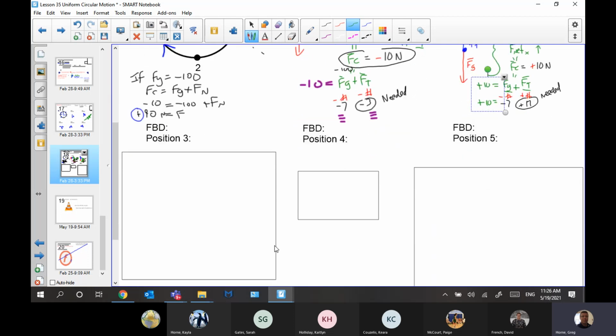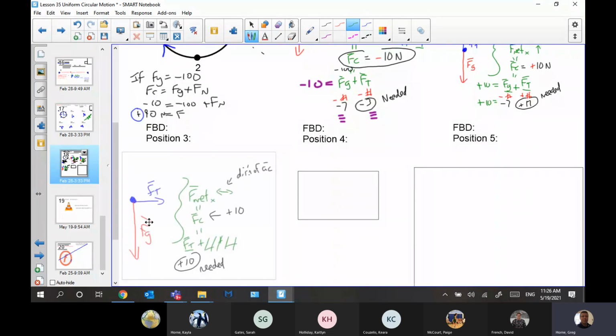Position 3 obviously has to have a centripetal force towards the center of the circle. So basically here, if we're talking about x direction forces, F net in the x direction, the centripetal force, then the only force is the tension force.